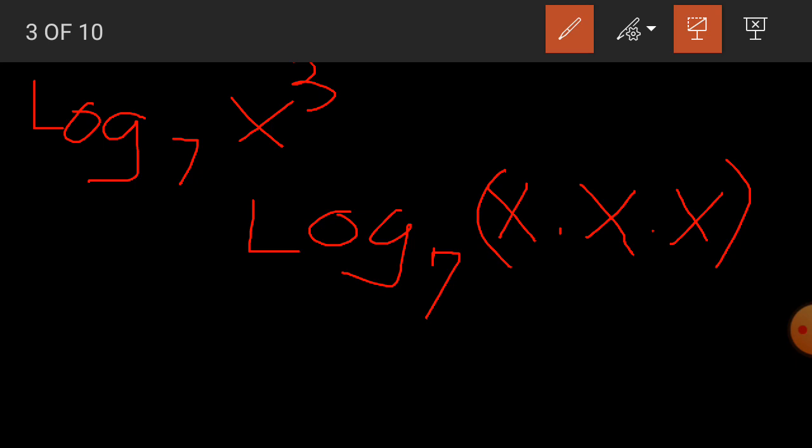So in using the product rule of logarithm, all we have to do is break this down.